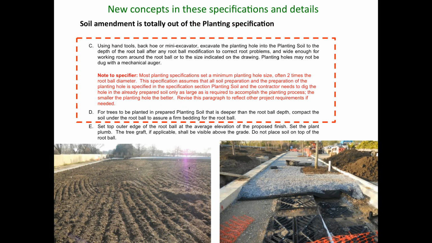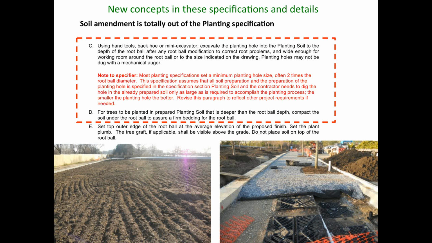So in order to get the soil part of this correct, you're going to find in the planting specification that there is no mention of soil at all. It just refers you to a specification section called soils, planting soils, and the drawings will refer you to a series of details that detail the soil.